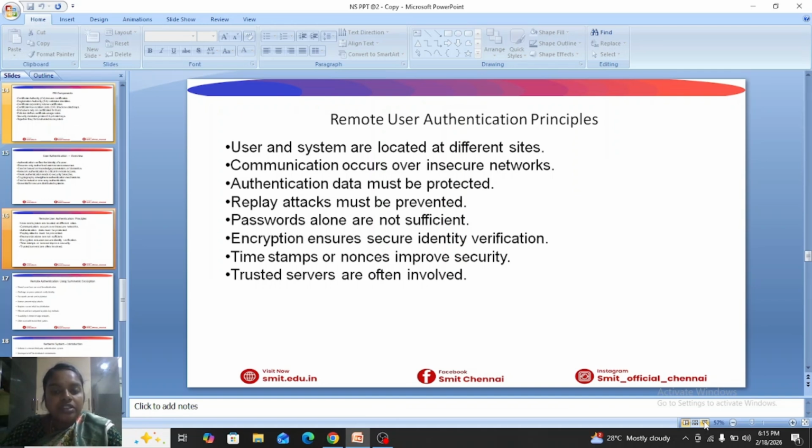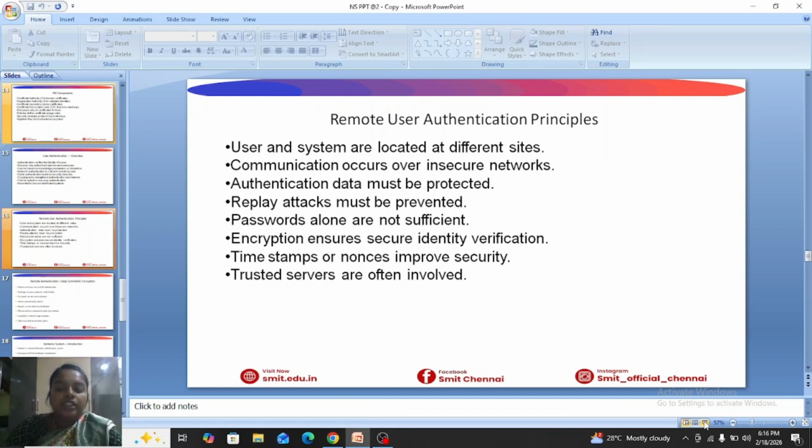Encryption ensures secure identity verification. Timestamps or nonces improve security. Trusted servers are often involved. These are the principles used in remote user authentication.